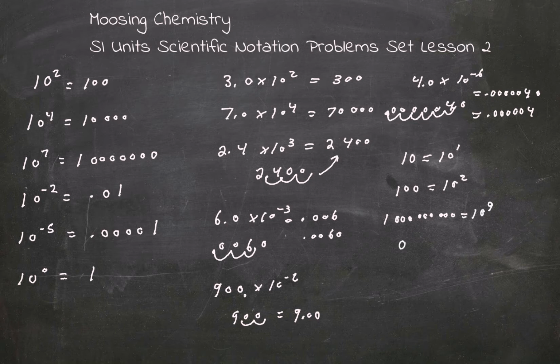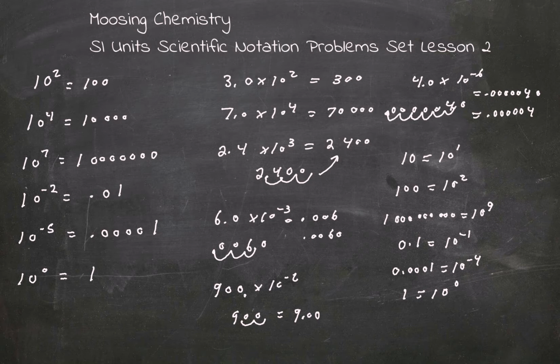Okay. If you had 0.1, that would be 10 to the negative 1, because we're going the opposite direction. If we had 0.0001, that would be 10 to the negative 4. And of course, 1 is always equal to 10 to the 0 power.